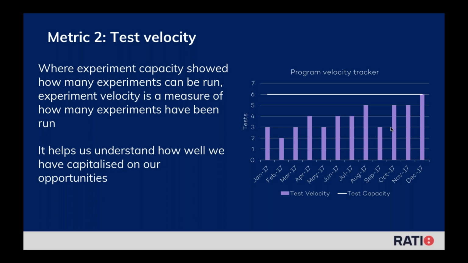And what we want to be evaluating is the difference between our velocity and our capacity, ideally closing that gap over time, again, provided that all else is equal with respect to the quality of the tests, that you're not launching poorer hypotheses because you're wanting to get more tests out the door. And by tracking this over time, you can get a good grasp of how your experimentation program is improving with respect to making use of the traffic that's on your website.